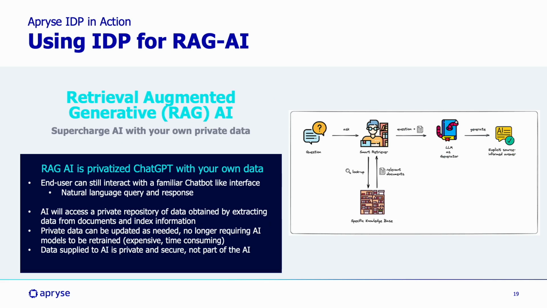This is where the concept of Retrieval Augmented Generative AI, or as we like to call it, RAG AI, comes into play. Now, RAG AI is a form of LLM that is powered by a private repository of information. This can be textual content from documents, database entries, what have you, but the crux of it is that the LLM that is powering the chat interface that is your front end to your information now has access to private information separate of the AI's training.